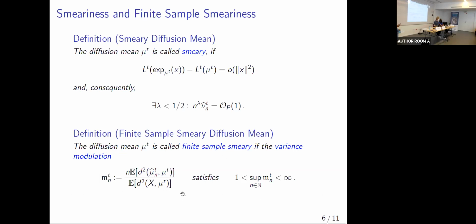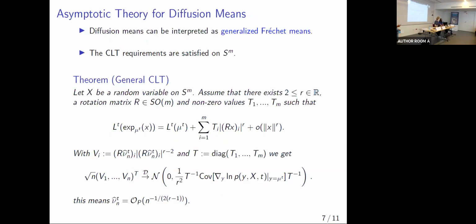And if this variance modulation has a supremum which is larger than 1 but finite, we speak of finite sample smeariness.